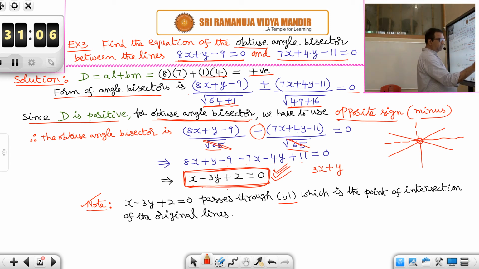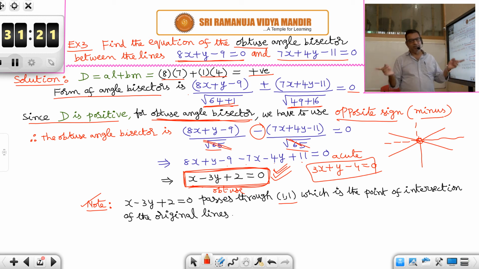So 3x plus y, if you put 1 comma 1, it is equal to 4, so 3x plus y minus 4 equal to 0. That's all. This is the obtuse angle bisector, and this is the acute angle bisector, because angular bisectors are always perpendicular, and they must pass through the point of intersection of the original lines.